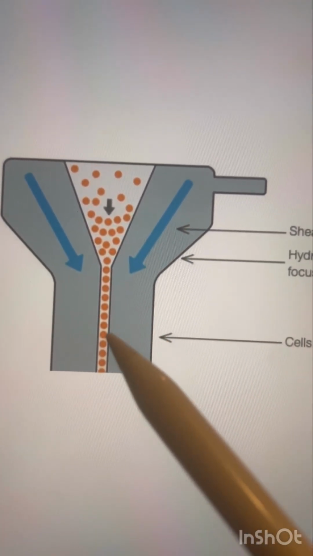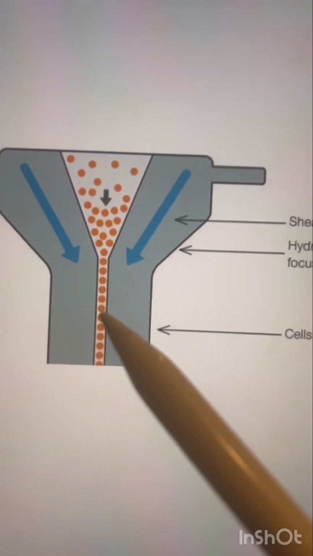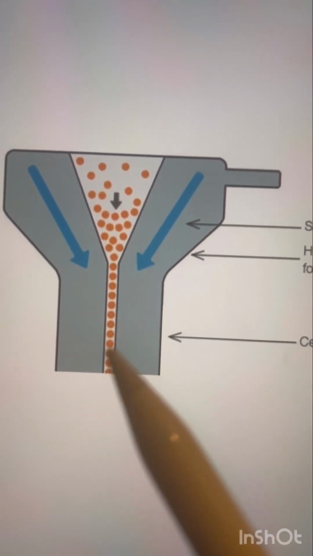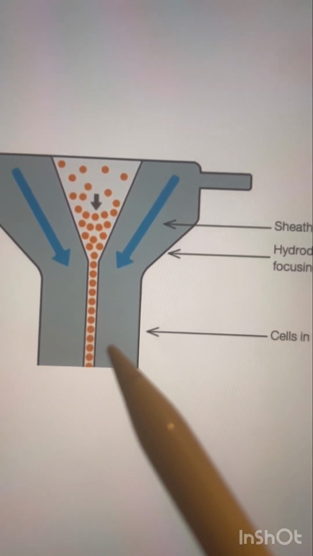The faster moving sheath fluid forces the hydrodynamic core so that particles move in the same axis at the same velocity.